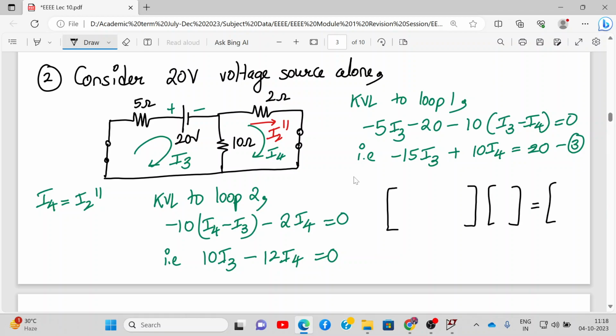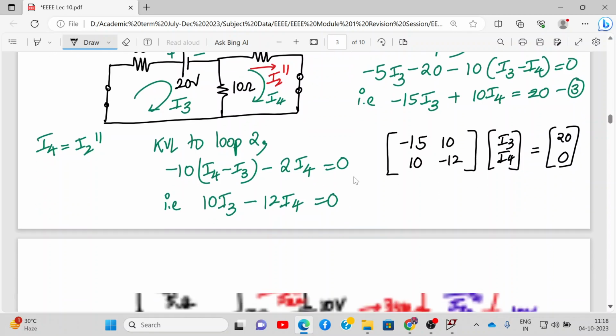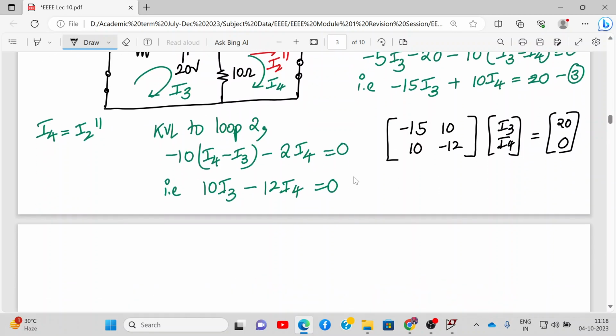So put it in matrix form. You'll get minus 15, 10; this is I3, this is I4; here you have 20, and 10, minus 12, 0. So solve this simultaneously. The value of I3 is coming out to be minus 3 amperes and the value of I4 is coming out to be minus 2.5 amperes.